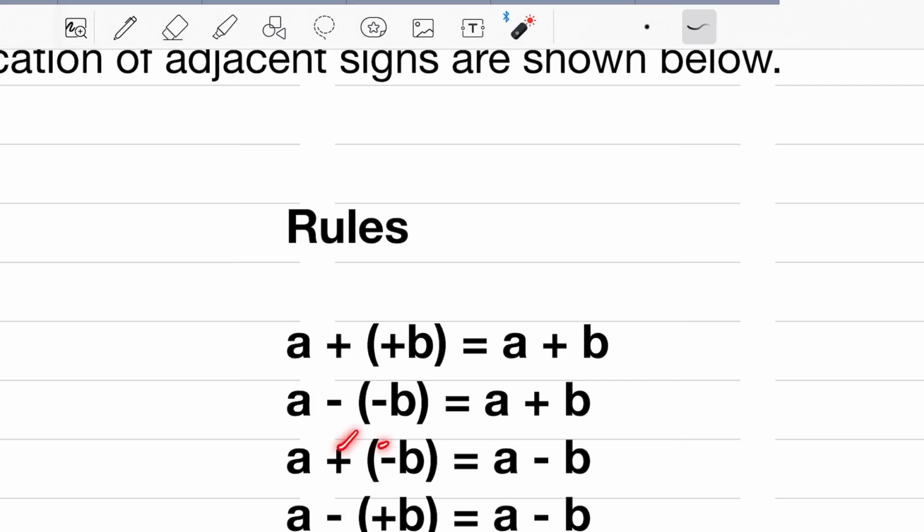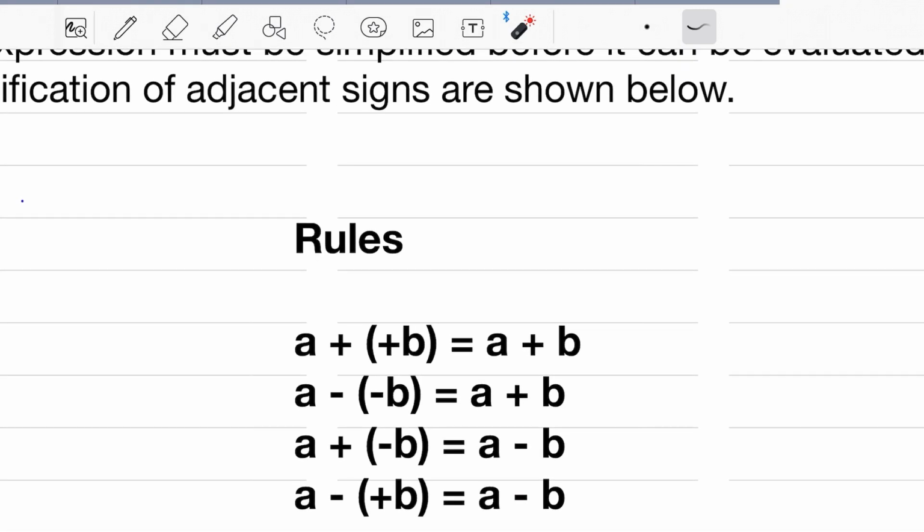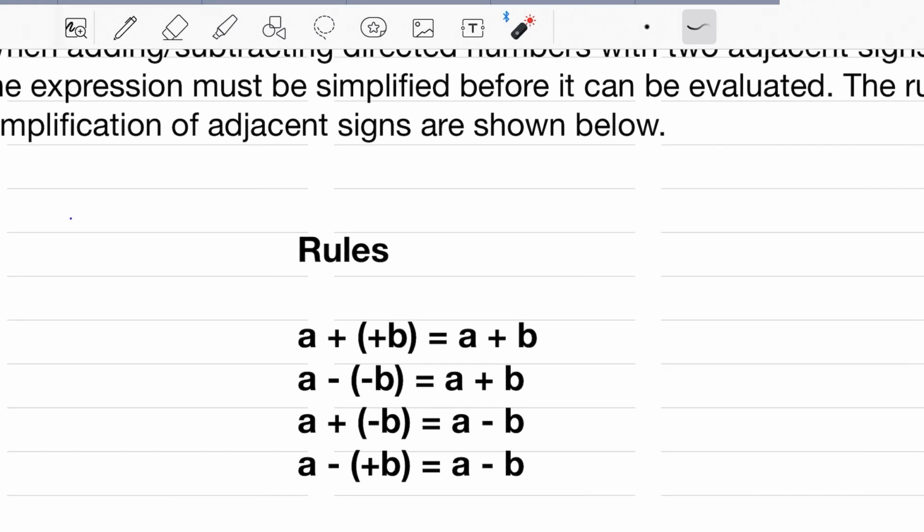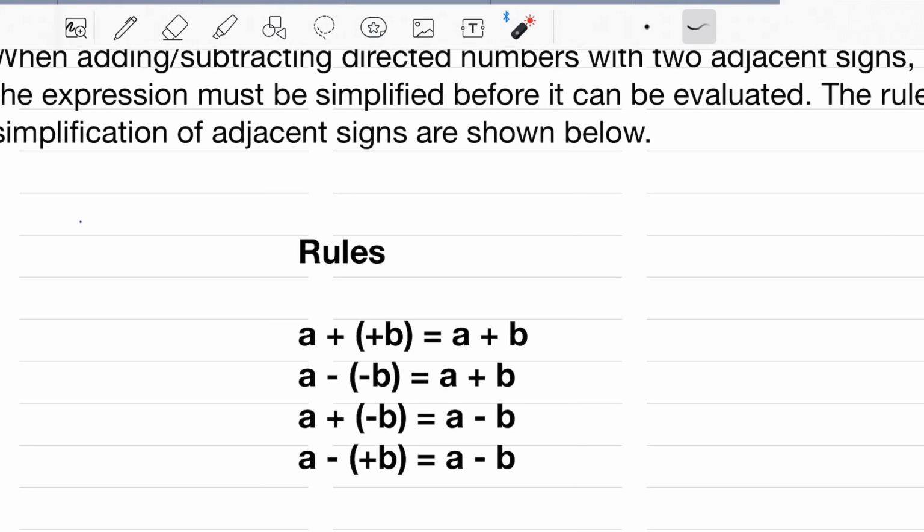So whether it's a plus minus or minus plus, you'll have a negative sign in the middle. Now another thing to note is that we are only dealing with these signs in the middle, not any of the signs that might be on the outside, the signs before A, that is.